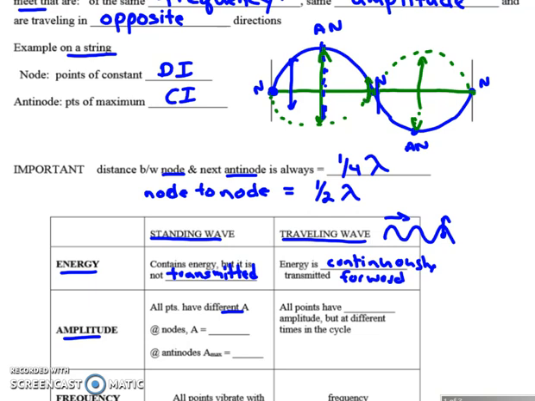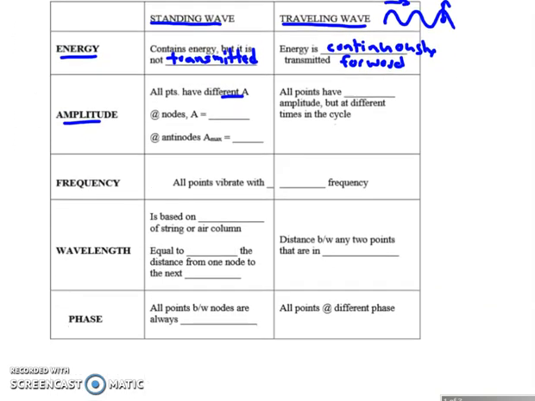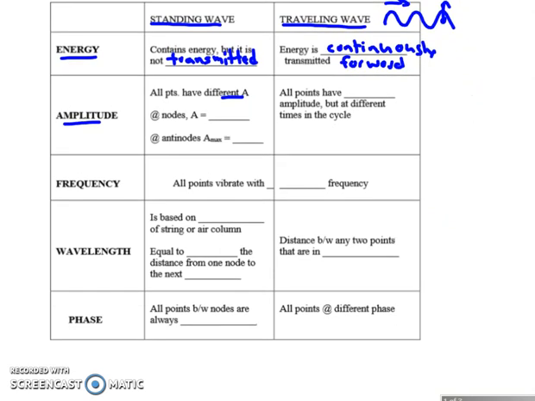It can never achieve the same amplitude as the one to the left. Okay, and that's different than a traveling wave. So at the nodes, the amplitude is always 0. And generally at the antinodes, A max is twice the normal amplitude of the original wave that was being created. On a traveling wave, all points will eventually have the same amplitude, just at different times.